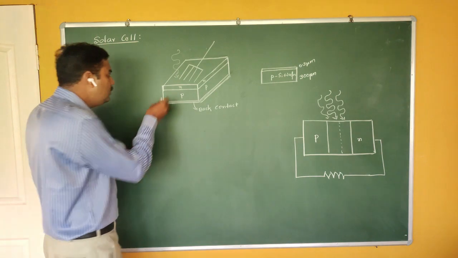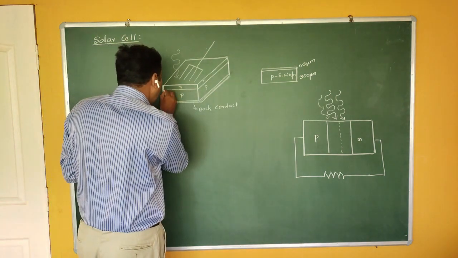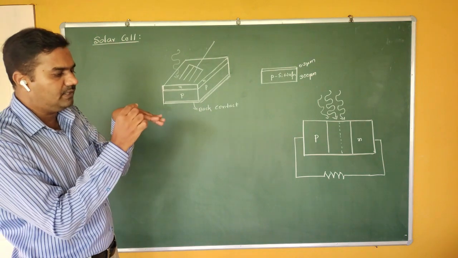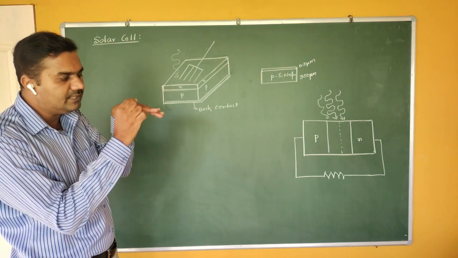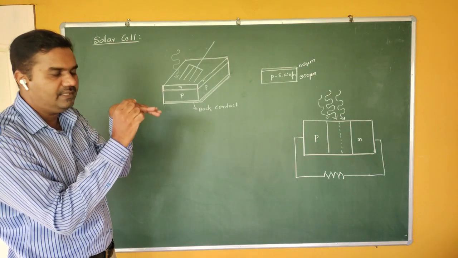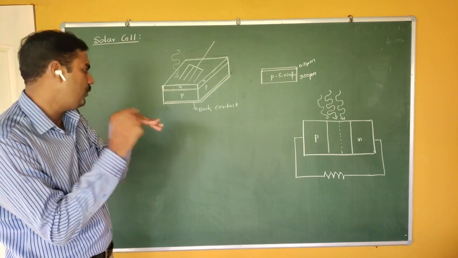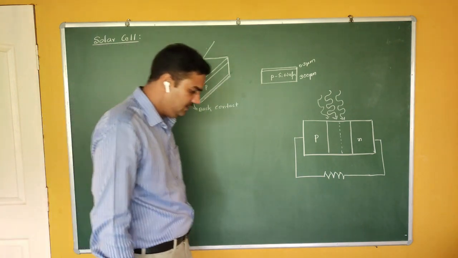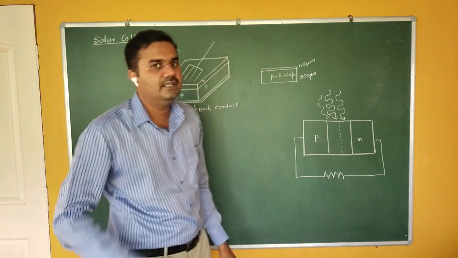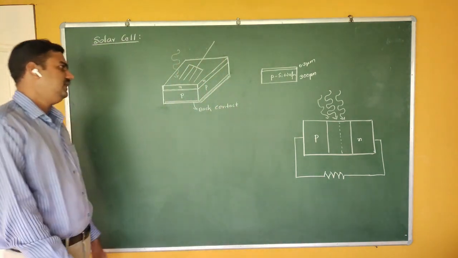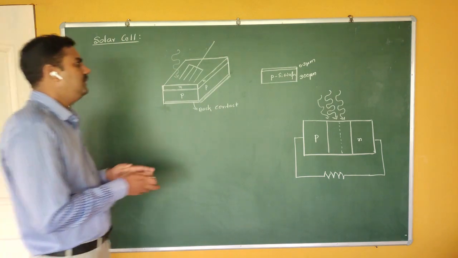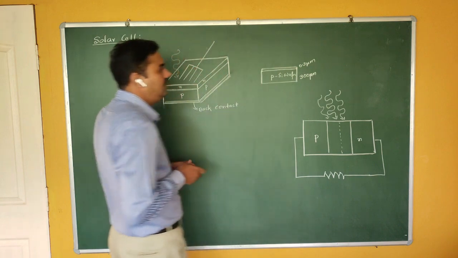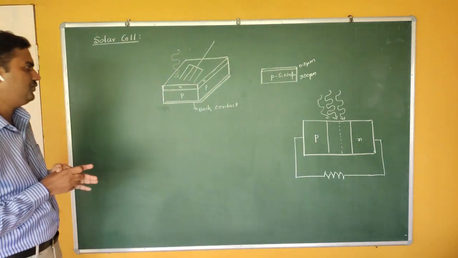So the light should directly go to the junction between the N and P. Therefore you keep the thickness of the N material as small as possible, so that the maximum percentage of light must reach the depletion region. Are you getting me?